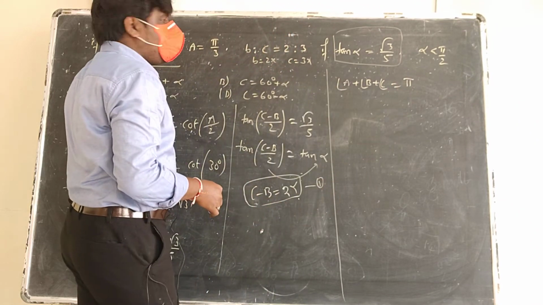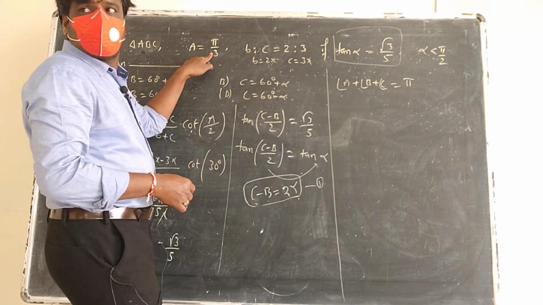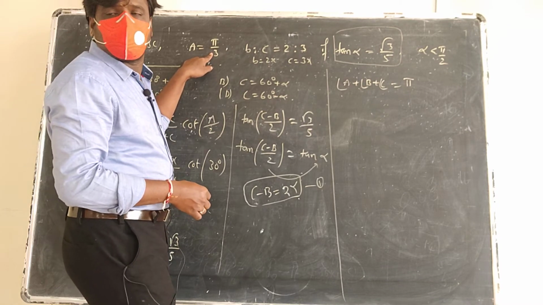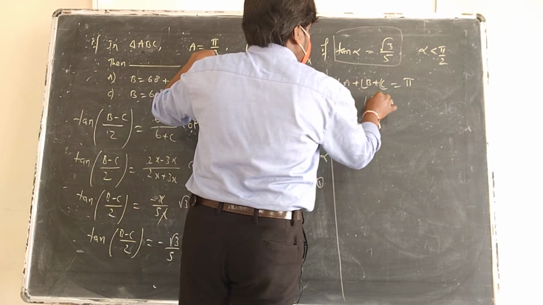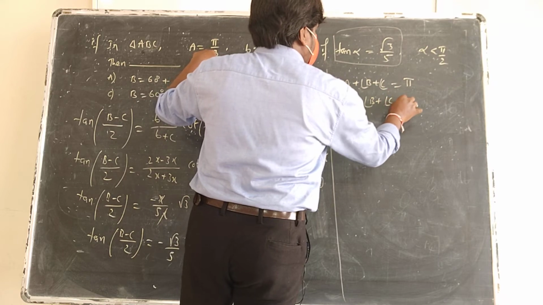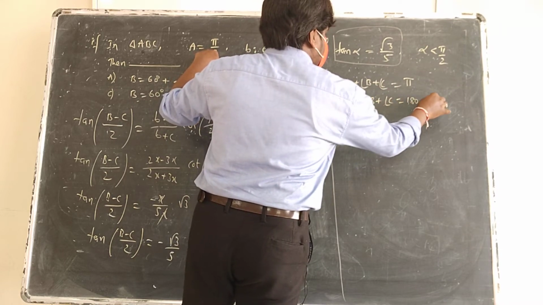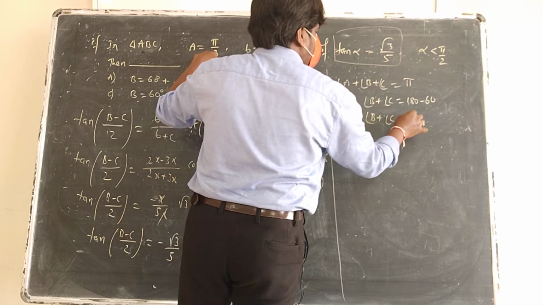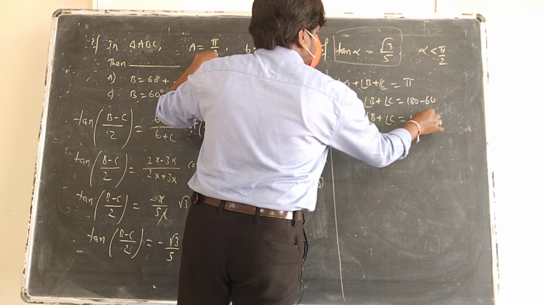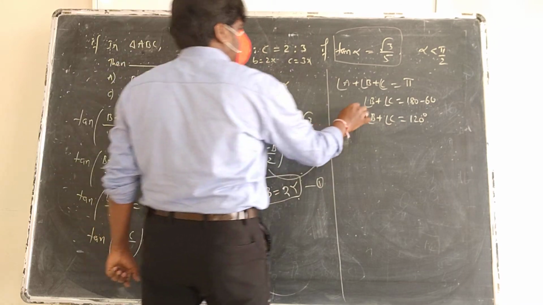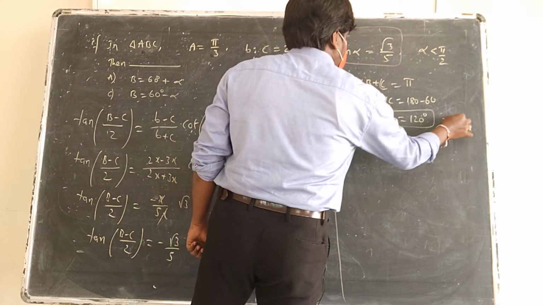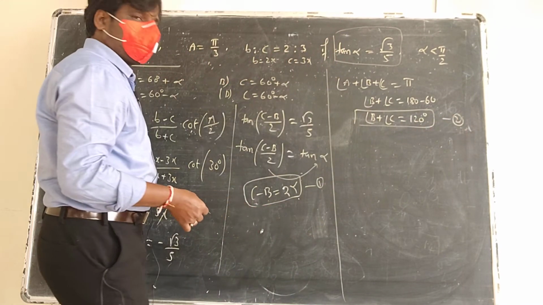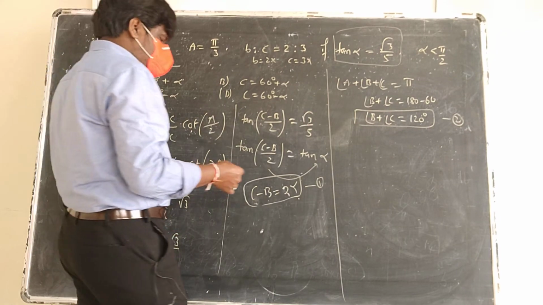Angle A is given as 60. So angle B plus C is equal to 180 minus 60, which is 120 degrees. So this is the second equation. Now solve the first equation and second equation.